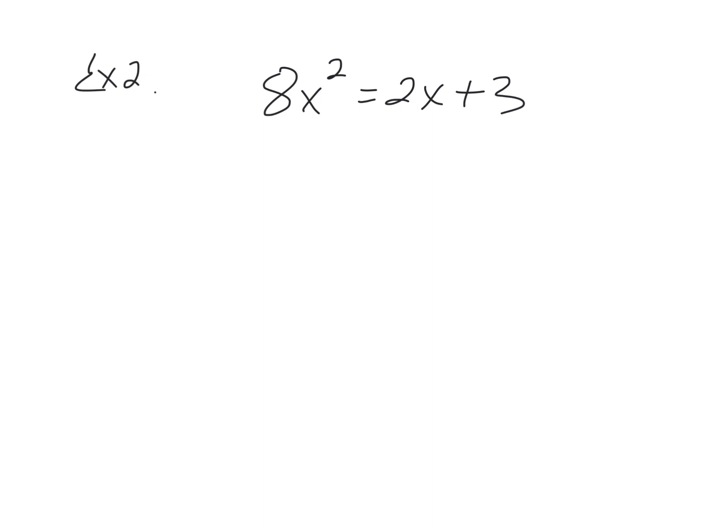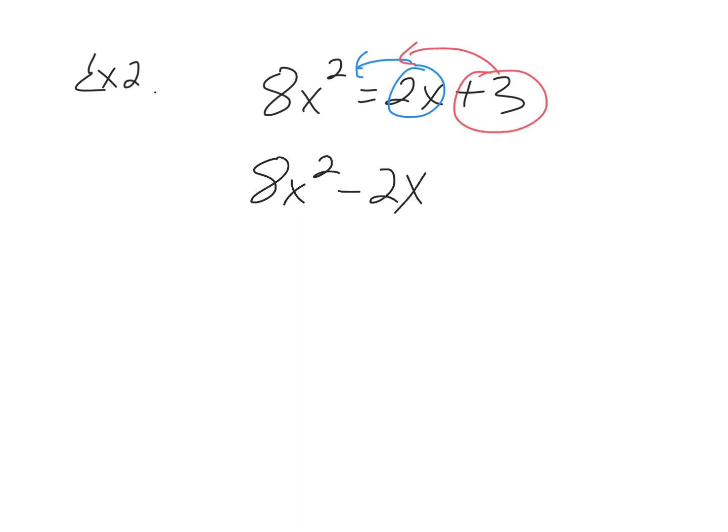It doesn't matter which way you choose to do it. I'm going to leave the 8x squared on the left side, and then I'm going to move my 2x over, and it's going to become a minus 2x. Then I'm going to take the plus 3 and move it over, and it's going to become a minus 3. Now my equation is set equal to 0.